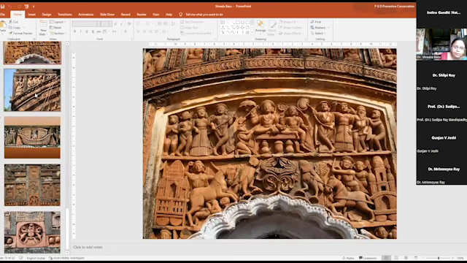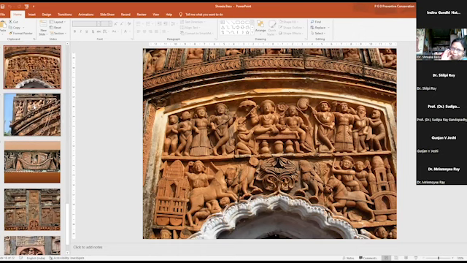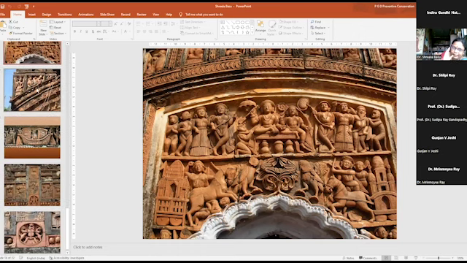This one is from the Bonkati temple, and here we can see the ornamentation. The figures are in frontal view and we can see the three-dimensional effect, because this is an influence of the European art that has been introduced.